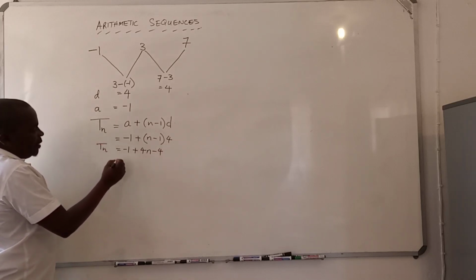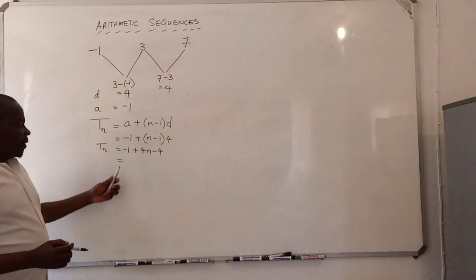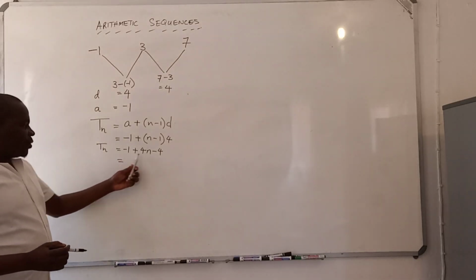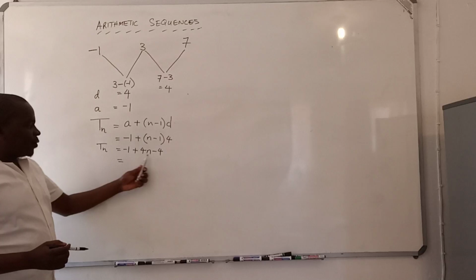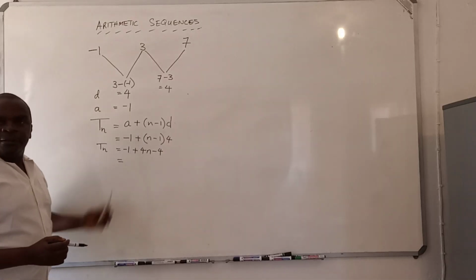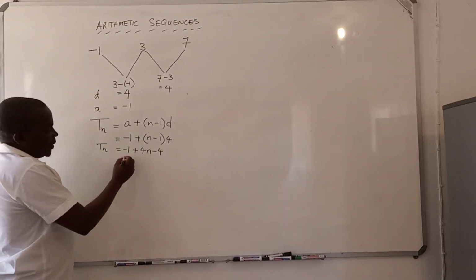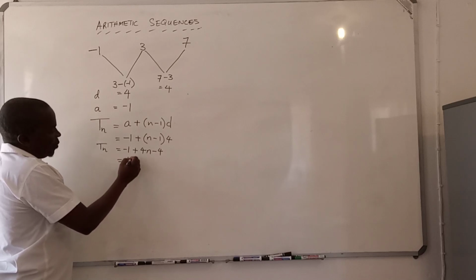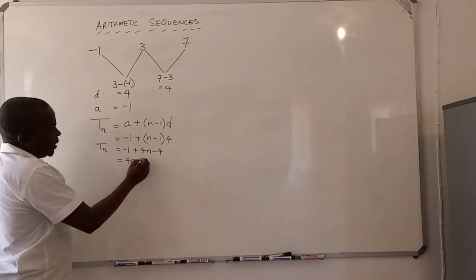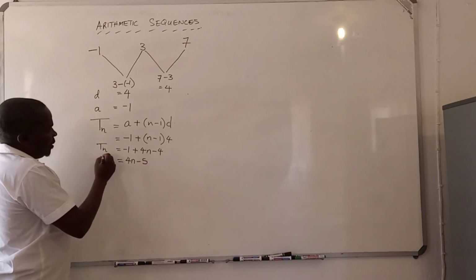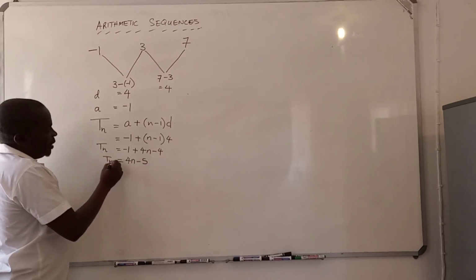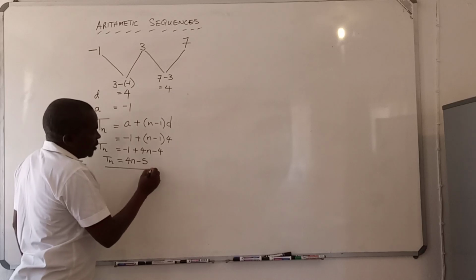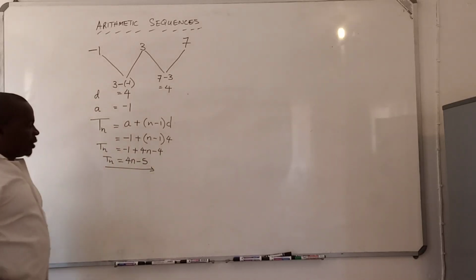This is our Tn, but let us simplify it because these ones can be simplified, -4 and -1 there. What will that give us? It will give us 4n minus 5. So this is our Tn. So this is our formula representing that sequence.